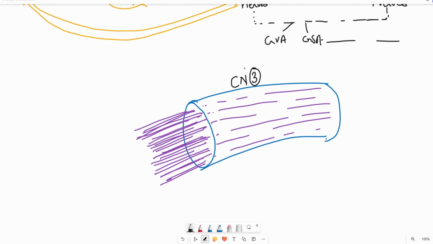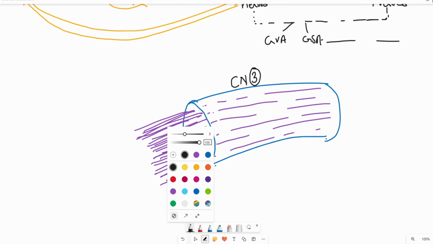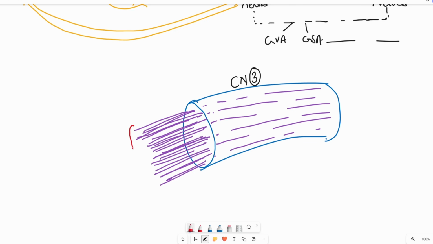So the oculomotor nerve is actually containing 2 types of fibers. For example, these fibers here may be general somatic efferent fibers going towards the muscles of the eye, right?